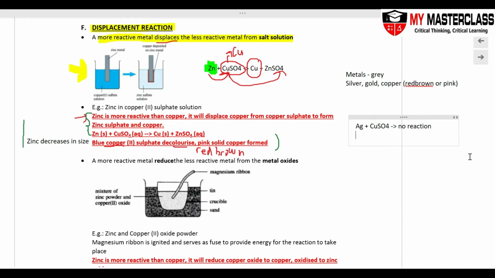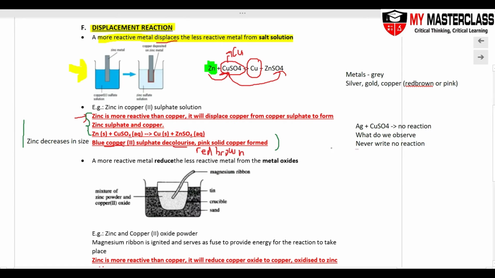When the question says what do we observe in the reaction, please never write no reaction. No reaction is not an observation.